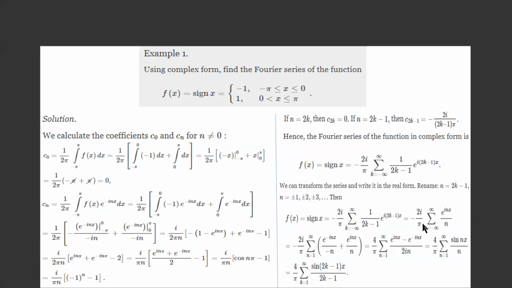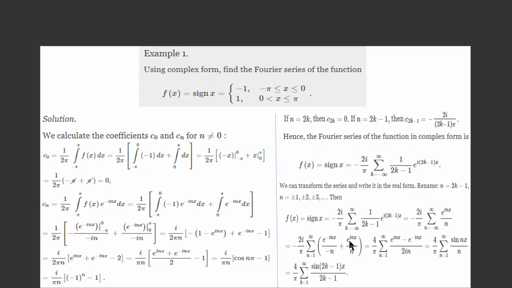How do you do this one? As he said in the video, you have to add the conjugate of this one. And instead of going from minus infinity to infinity, you can go from 1 to infinity. What about the 0? I proved here C naught is 0, so I am not worried about n equal to 0. So I change this sum from minus infinity to infinity into one sum from 1 to infinity. So I get the positive side.